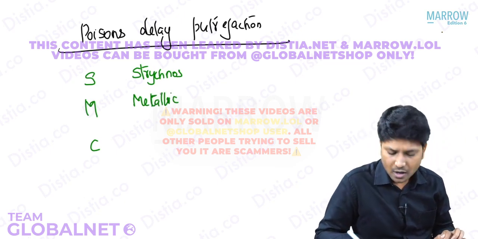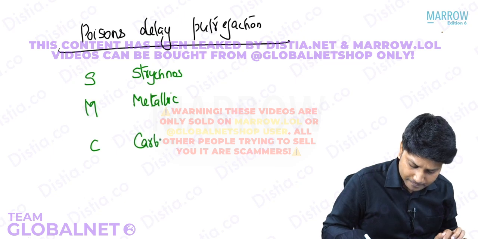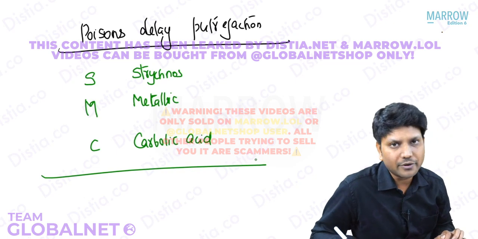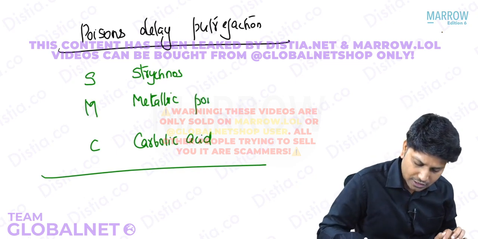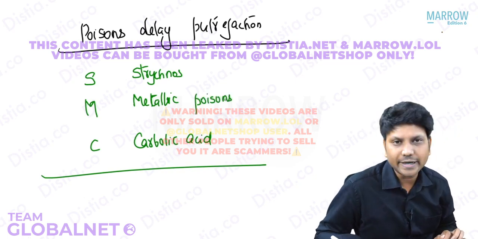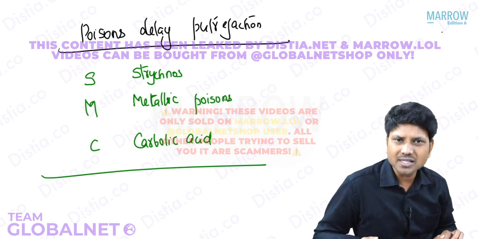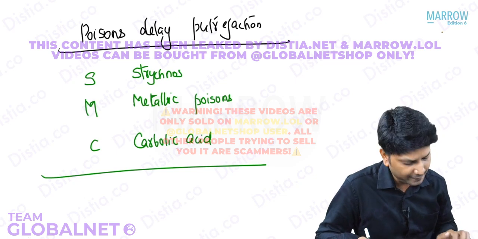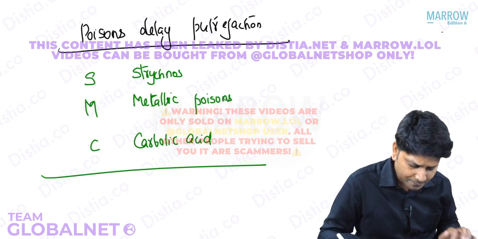And C for carbolic acid. Phenol poisoning delays putrefaction. Among metallic poisons, you have arsenic, antimony, thallium; all of these will delay the putrefaction process. Fine. Now let's go forward.